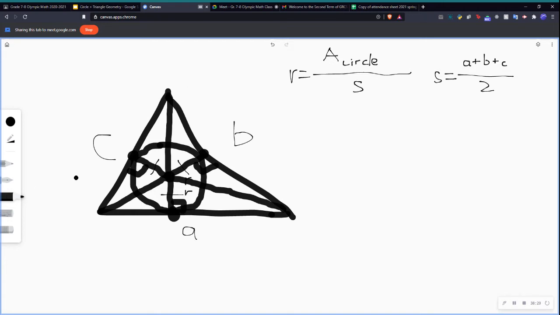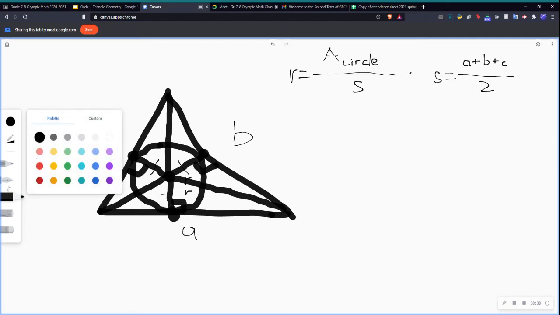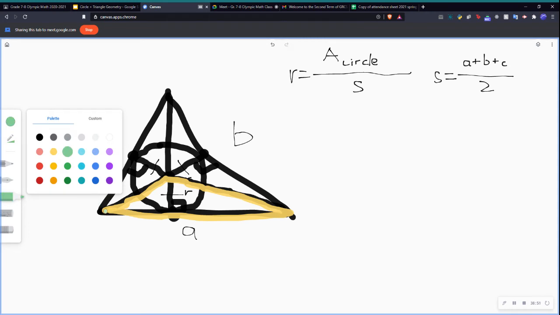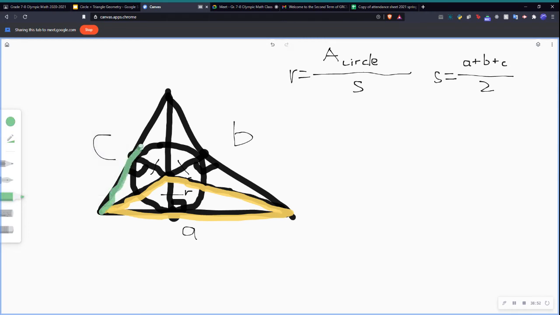But now, what do we do here? We can actually look at some smaller triangles than this large triangle. So the triangles that we're going to look at, I'm going to label these in yellow. So we have this triangle right here. So that's one of the smaller triangles. Let's label another one in green. This one has side C now. So that's another triangle.